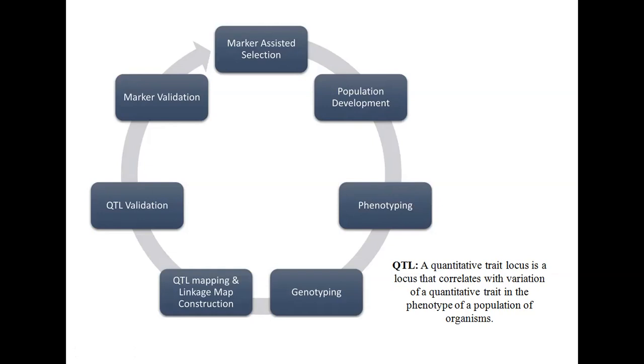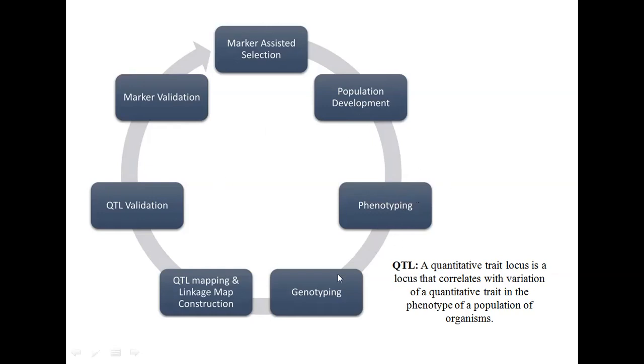So you are selecting the high yielding variety or high yielding plant. So population development in the field, then phenotyping means morphological observation, genotyping means genetic observation, working with DNA, RNA. Phenotyping means the phenotype is the morphological observation that you can see with your naked eye, visual observation. So you can see the high yielding productive variety, then you just choose, select.